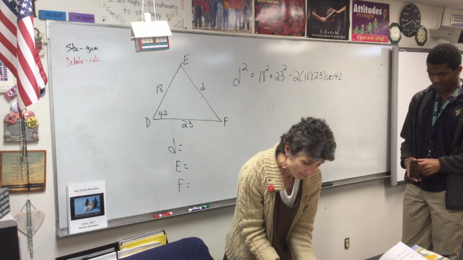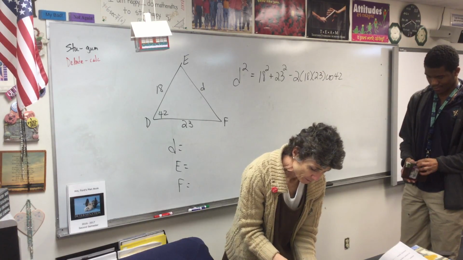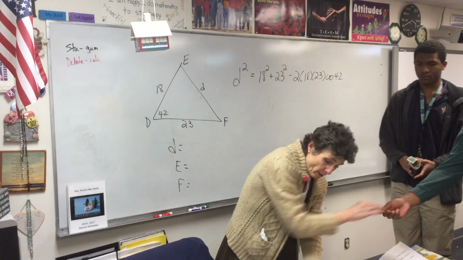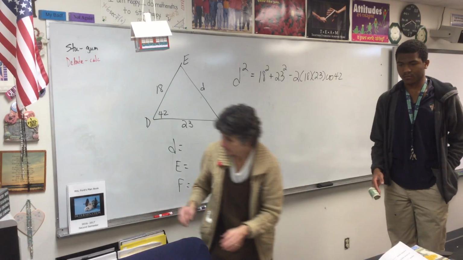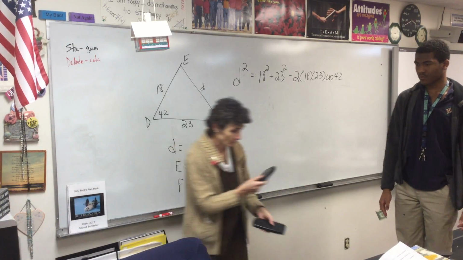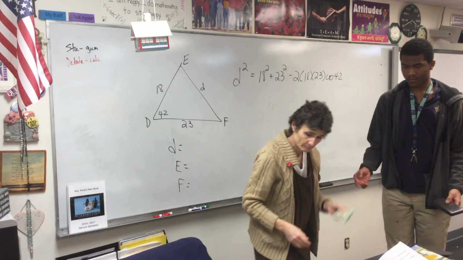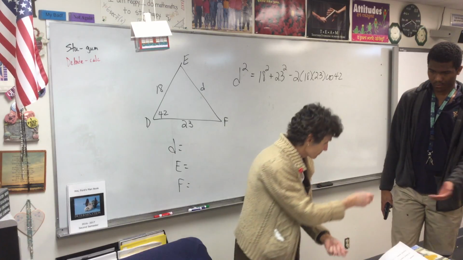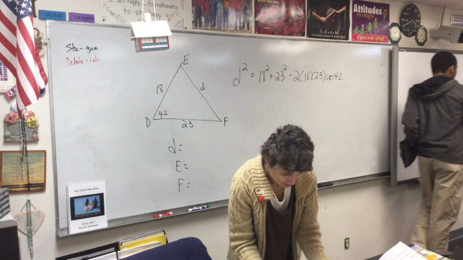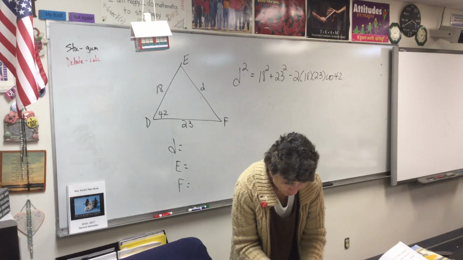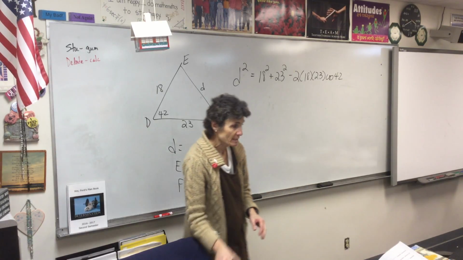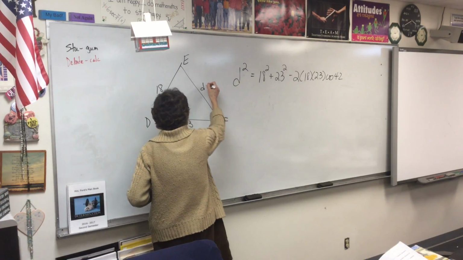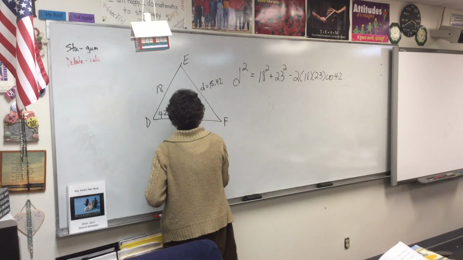You have got to remember to take the square root. The answer is not 237. The answer is the square root. All right. So everybody took the square root, and then our answer is 15.42. So side D is 15.42.